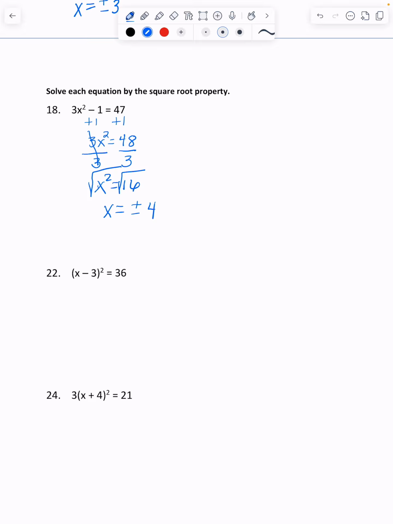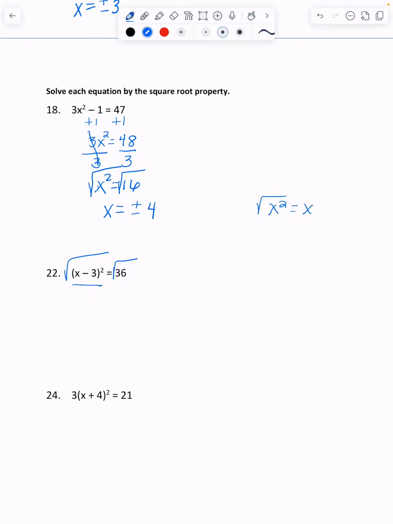If we look at 22, we see that I have a binomial squared, but the part that is squared is by itself. So the only thing I need to do is take the square root of both sides. When I take the square root of x squared, what number do I square to get x squared?